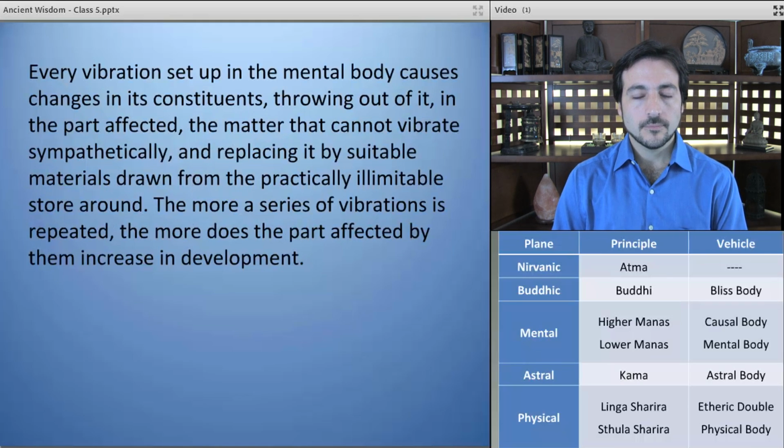Every vibration set up in the mental body causes changes in its constituents, throwing out of it, in the part affected, the matter that cannot vibrate sympathetically, and replacing it by suitable materials drawn from the practically illimitable store around. The more a series of vibrations is repeated, the more does the part affected by them increase in development.